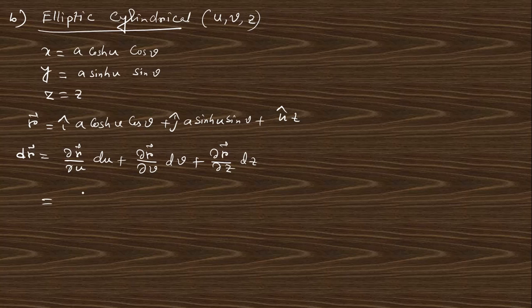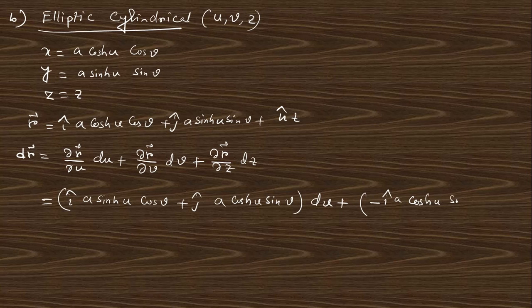So if you take the derivative with respect to u, this gives you i cap a sin hyperbolic u cos v plus j cap a cos hyperbolic u sin v, that into du, plus, for the derivative with respect to v, minus i cap a cos hyperbolic u sin v plus j cap a sin hyperbolic u cos v dv, and del r by del z gives you only k cap dz.